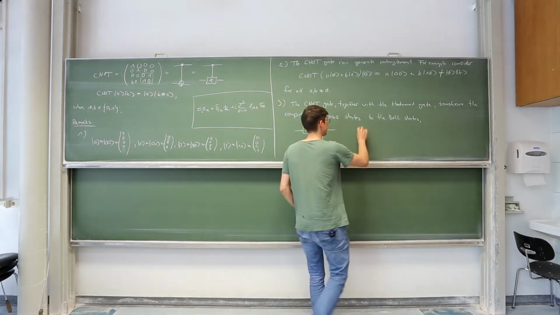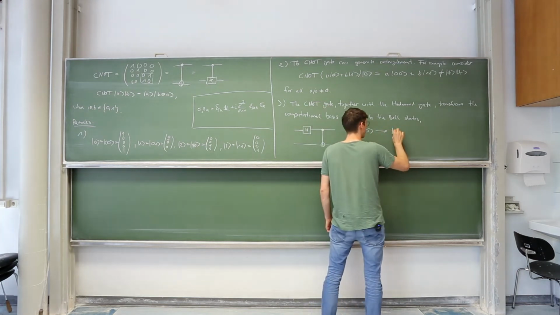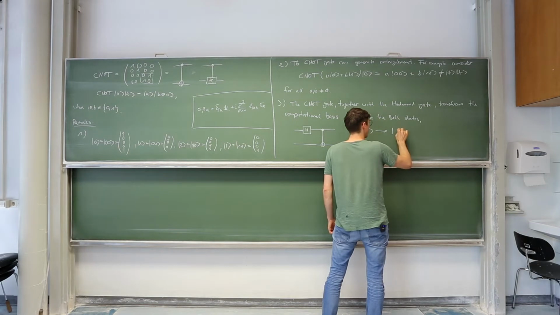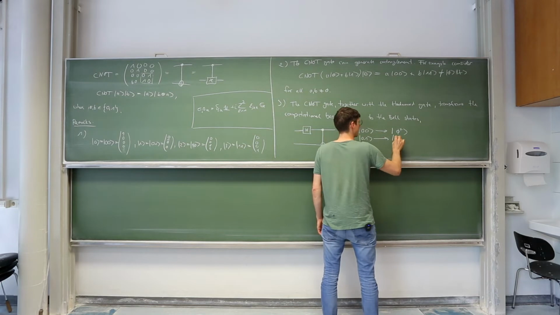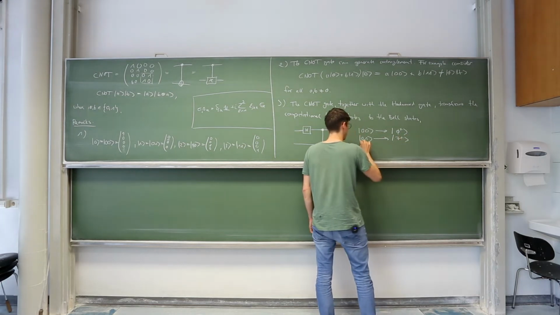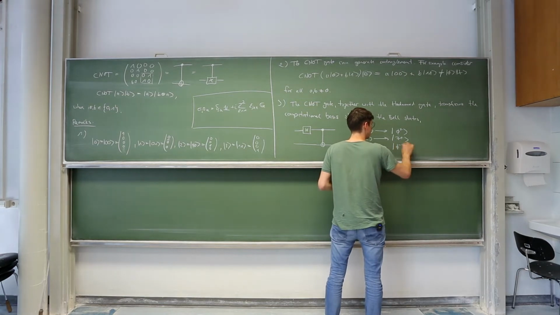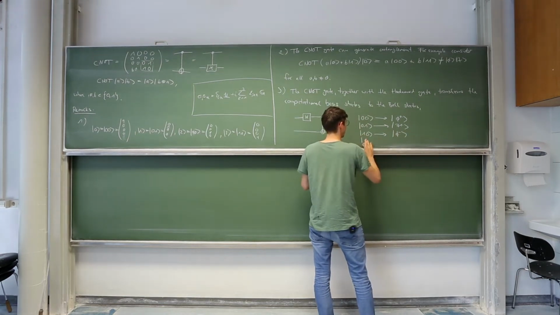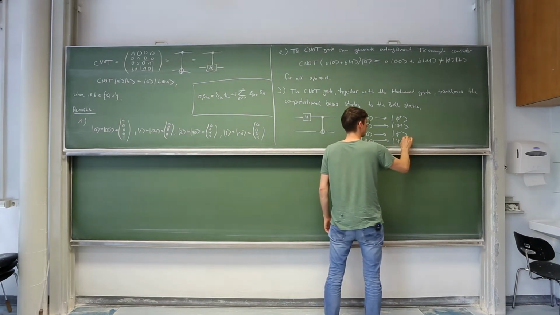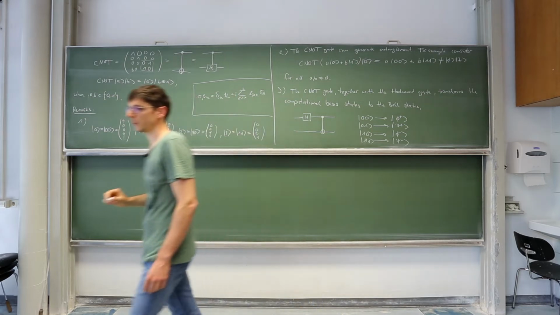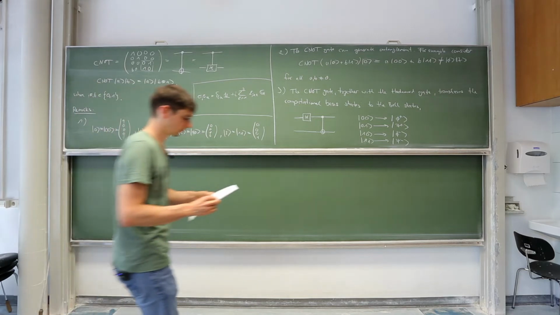What it does is map (0, 0) to, I think, phi plus, (0, 1) to psi plus, (1, 0) to phi minus, and (1, 1) to psi minus. So this is equation 2.24.